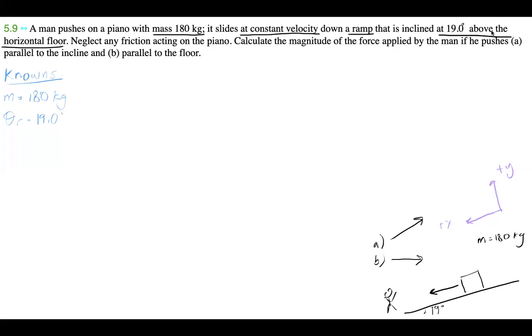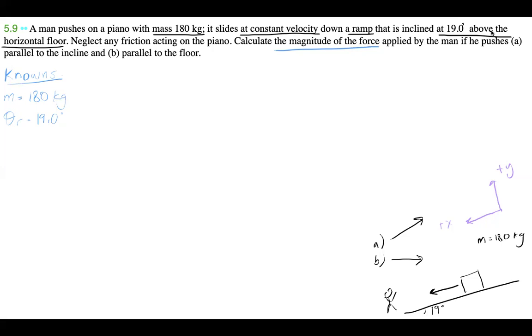And that is all the information that's really given as a known, right? All right, what are we trying to figure out? The magnitude of the force applied by the man if he pushes A parallel to the incline and B parallel to the floor. So what we want to do is draw, for each situation, a force body diagram. So let's do that.